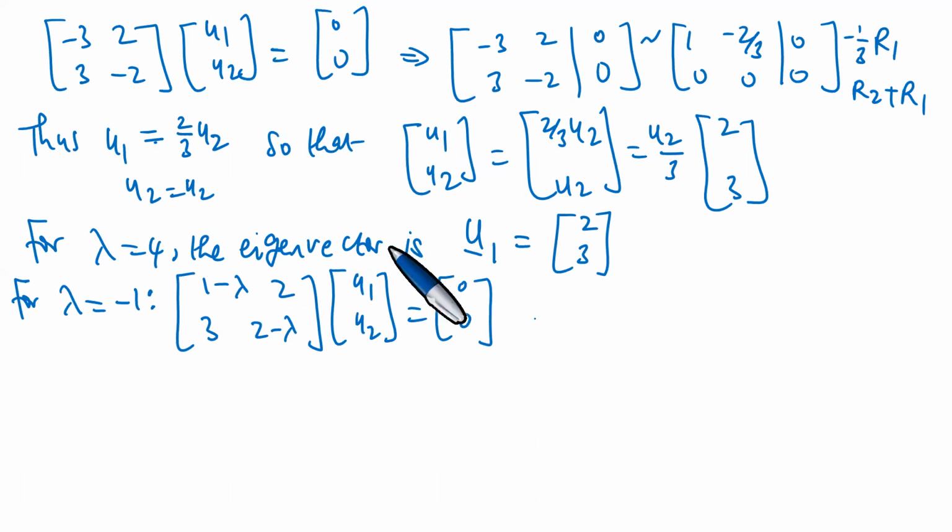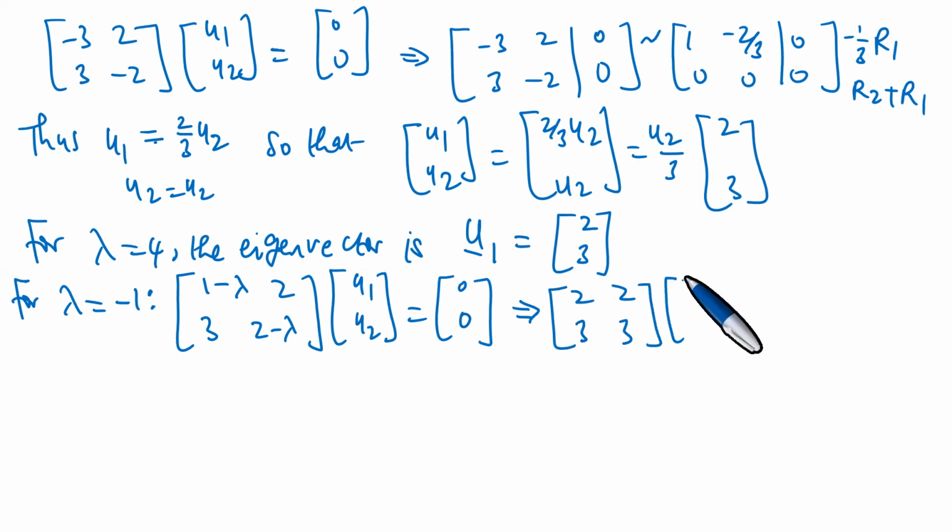Okay. For lambda equal to minus 1, you just put the minus 1 there, giving 2, 2, 3, 3 times U1, U2 equals 0, 0.